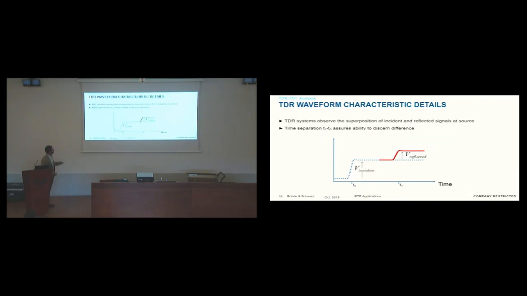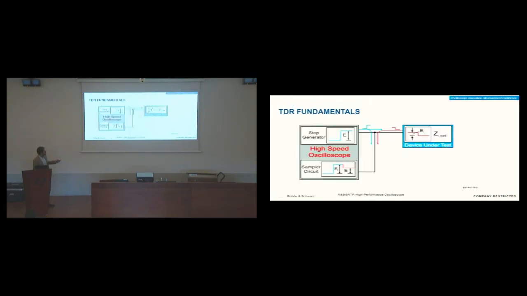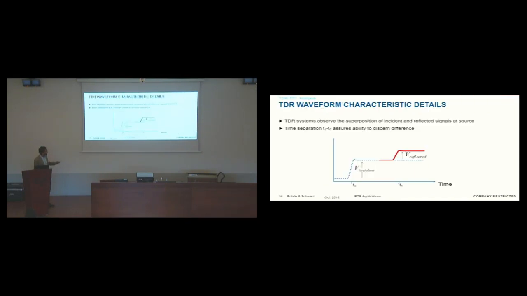Okay, so we have the incident wave, or the incident pulse, that is transmitted to the DUT and to the channel of the oscilloscope. And then, some time later, we have a reflected wave, which can be added or subtracted. And depending on this step and also the polarity, we can guess the value of the mismatch, the impedance.